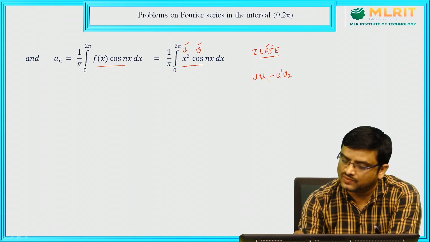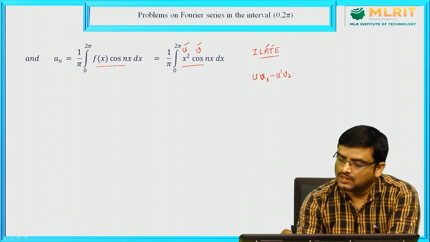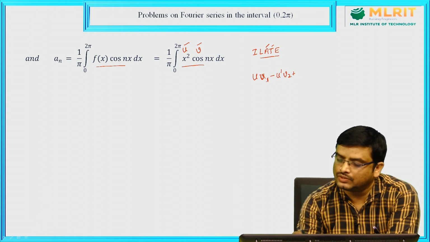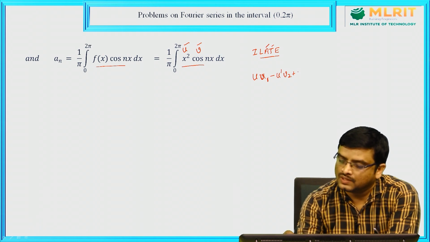Here this is v1 and plus, so alternatively you have to keep plus and minus here, and now go for the second derivative of u, and then another time apply the integration for v2, so we will get v3.